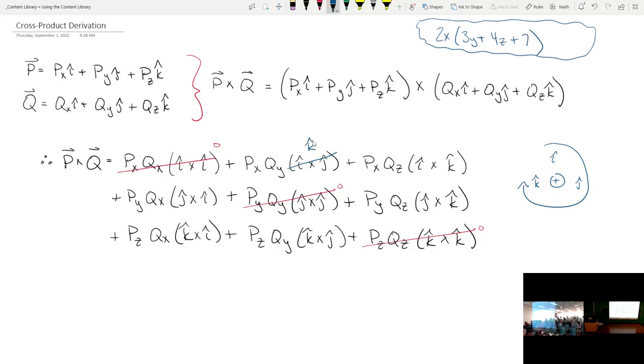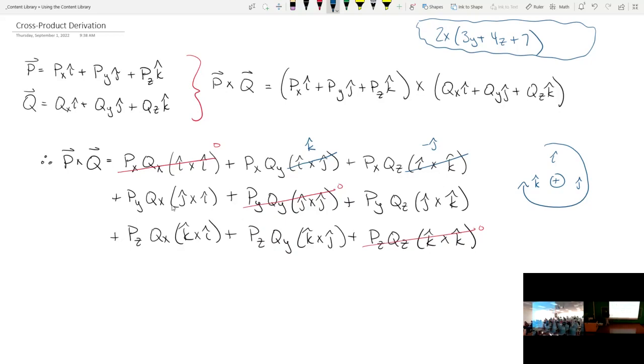Okay. What about I cross K? What is I cross K? So I cross K is J, but is it positive or negative? Going in the opposite direction, it's negative. So maybe I'll say negative J. This right here, what's this term? What's J cross I?